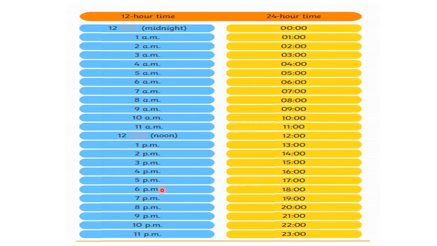6 p.m. is written as 1800 hours. 7 p.m. is written as 1900 hours. 8 p.m. is written as 2000 hours. 9 p.m. is written as 2100 hours. 10 p.m. is written as 2200 hours. 11 p.m. is written as 2300 hours.